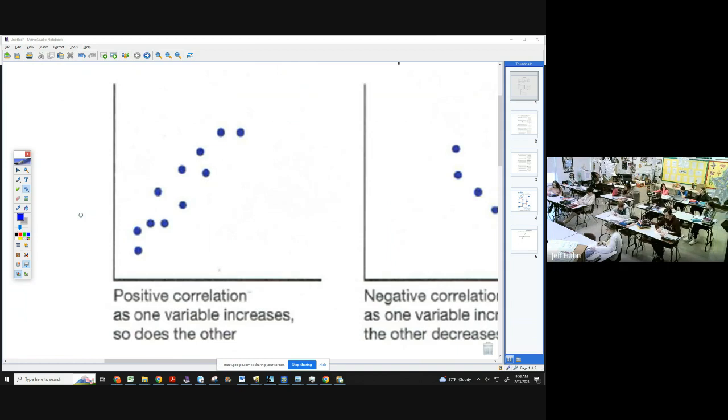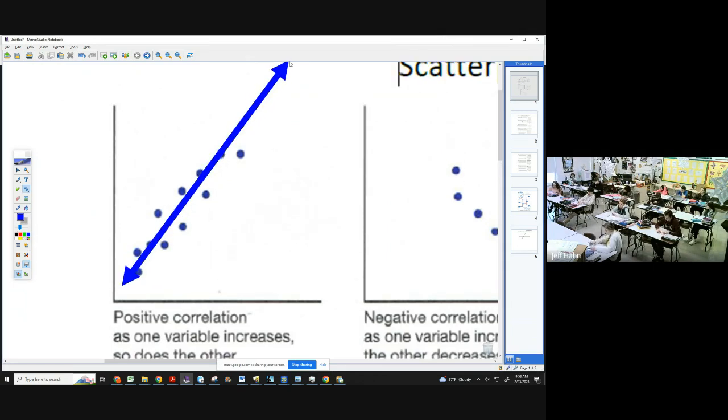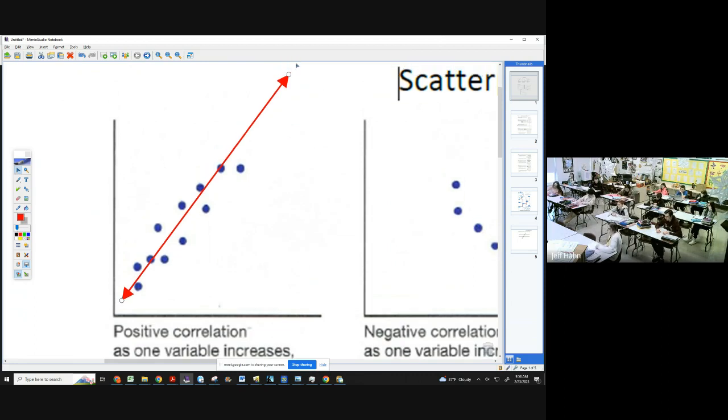You want to draw a line on it that kind of splits all the dots in half. We got to change it to red. If I were drawing a line of best fit, I'd probably go down a little bit. You want to, as best you can, split all the dots in half.